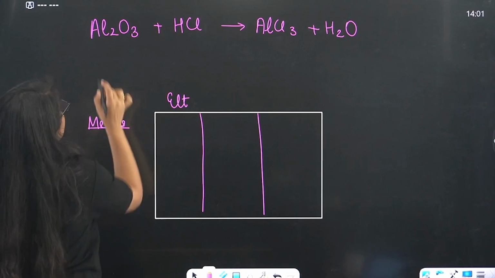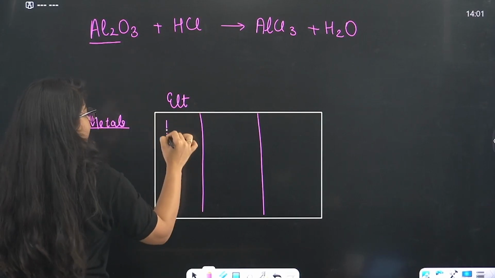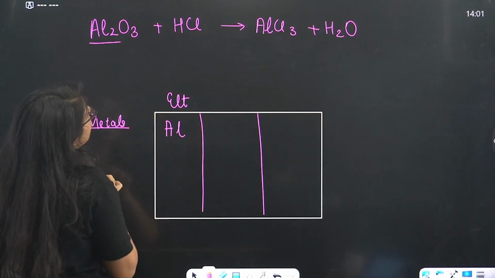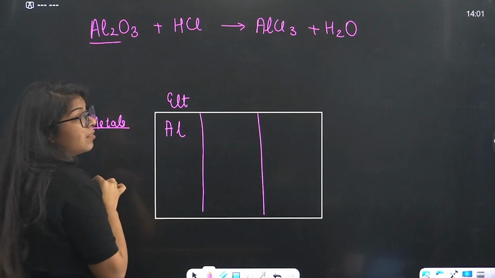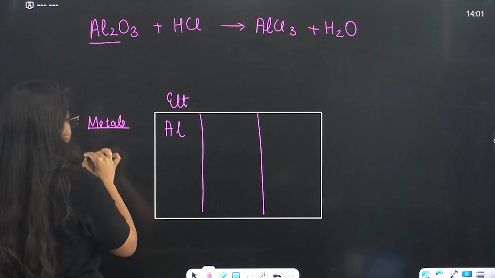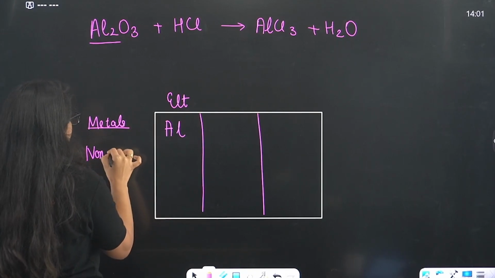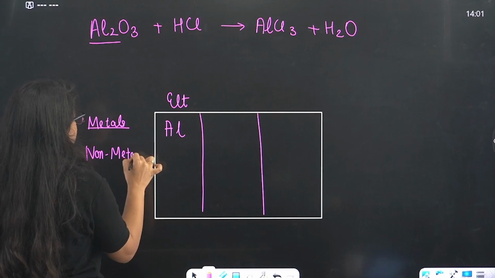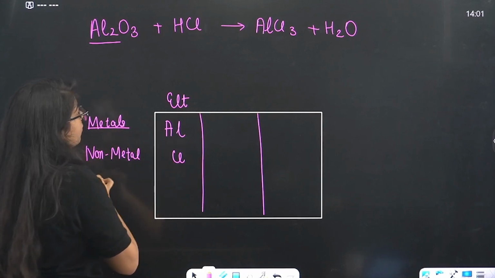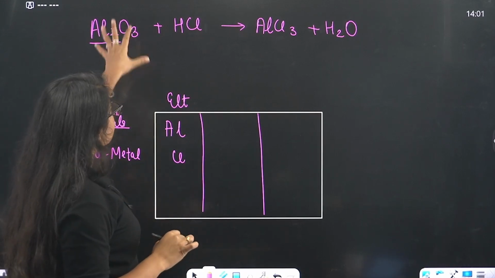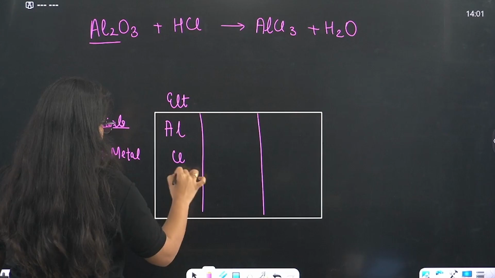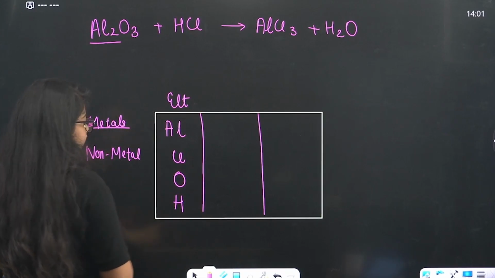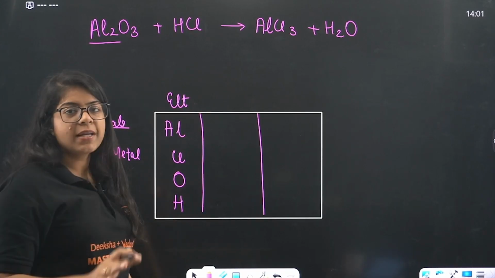Aluminium is a metal. Then HCl, Cl is a non-metal, so after that we will write non-metal. Then we have oxygen, then hydrogen. Done. The order is set.